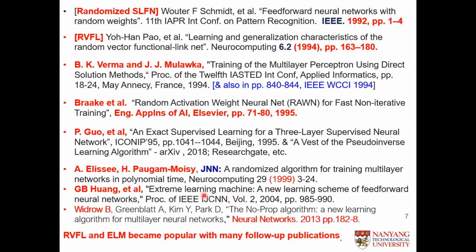And then the very popular extreme learning machines published in 2004. The most recent independent publication of randomized neural networks is from 2013. This is called the no-prop algorithm, and it is for multi-layer networks. Among all these randomized neural network proposals, RVFL and ELM have several follow-up applications.